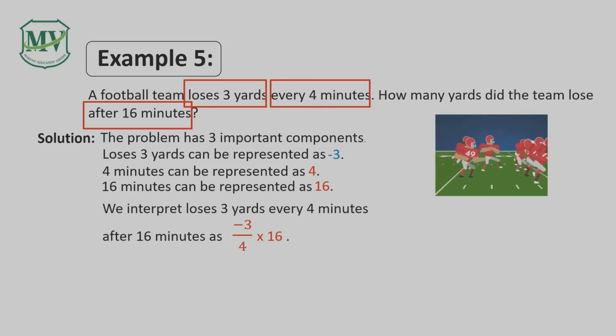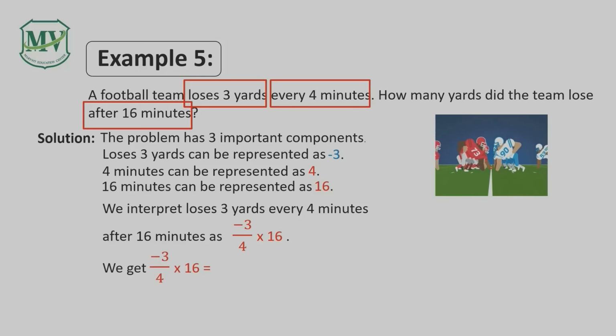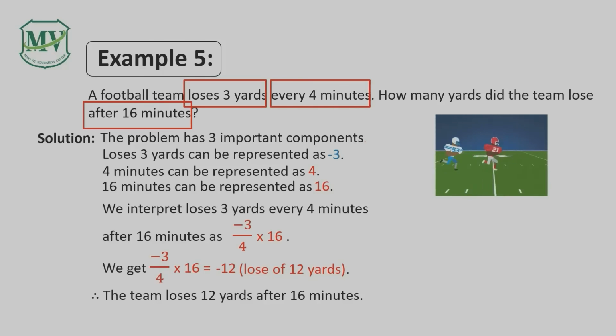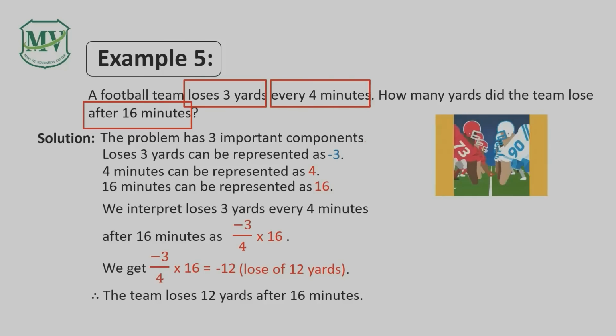We interpret loses 3 yards every 4 minutes after 16 minutes as negative 3 over 4 multiplied by 16. We get negative 3 over 4 multiplied by 16 equals negative 12, or a loss of 12 yards. For the final answer, the team loses 12 yards after 16 minutes.